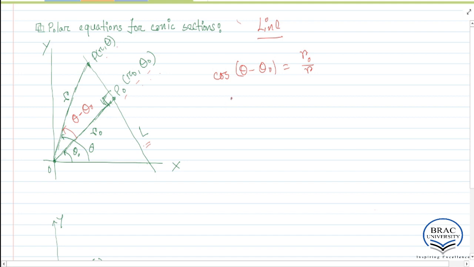So this will basically give us the standard equation of a line in polar coordinates, which is just r cosine of theta minus theta naught equals r naught.